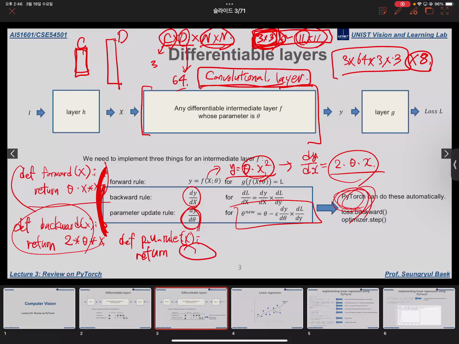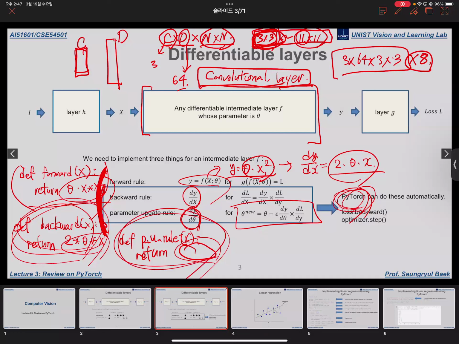But the thing is, these two methods depend on the forward rule. If your forward rule changes, the differentiation formula also changes. So you always have to re-implement the backward and parameter update rule as well as the forward rule, okay?